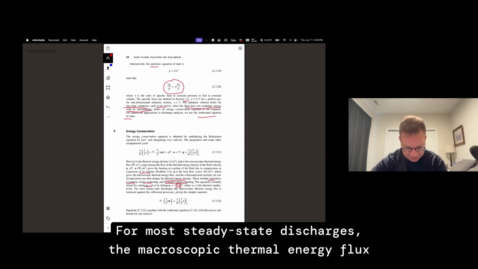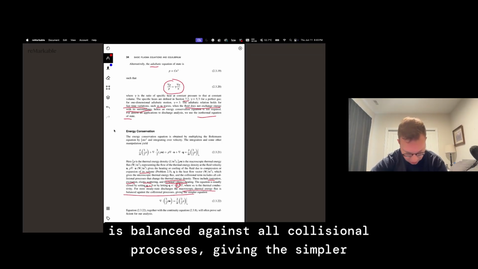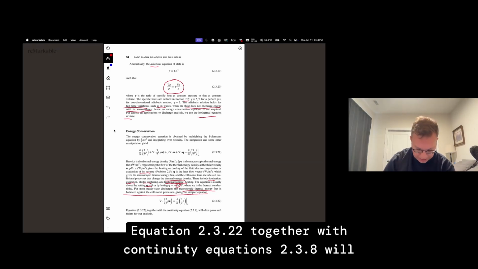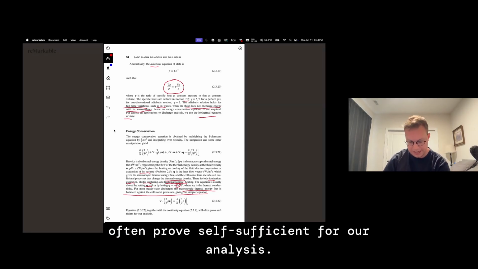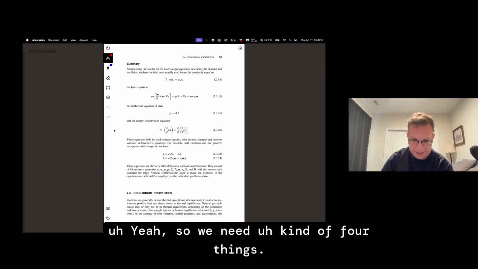For most steady state discharges, the macroscopic thermal energy flux is balanced against all collisional processes, giving the simpler equation here. Equation 2.3.22 together with continuity equation 2.3.8 will often prove self-sufficient for our analysis. All right, great.